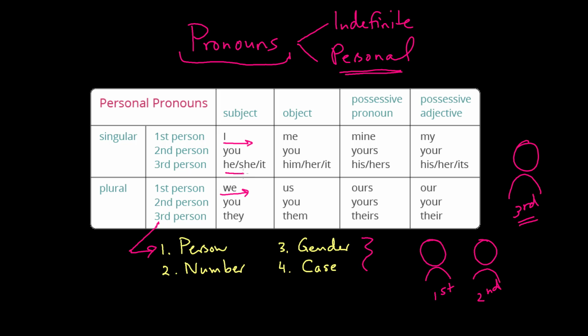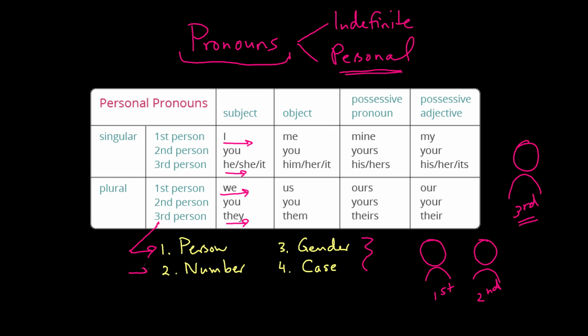So these would be ones like he, she, it, him, her, it, and so on. And also the plural ones. So they, them, theirs, and their. Okay, so that's what person means. It's kind of a strange distinction, I suppose, but it helps us to organize all of these pronouns.